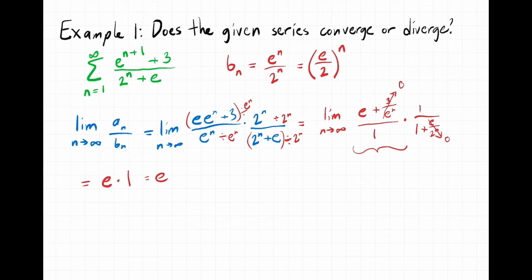Now, what does that tell us? We have to kind of rein our minds back to focusing on the problem at hand. We've just computed this limit, the quotient of the terms of two different series that we're interested in. And we got e. Now, the important thing here is that e is a number, and specifically a number that is not 0.